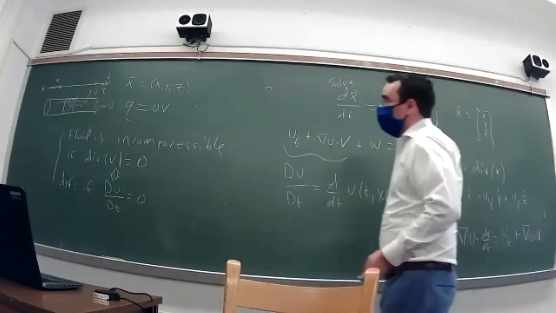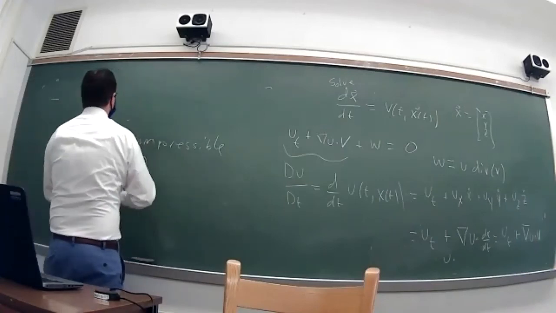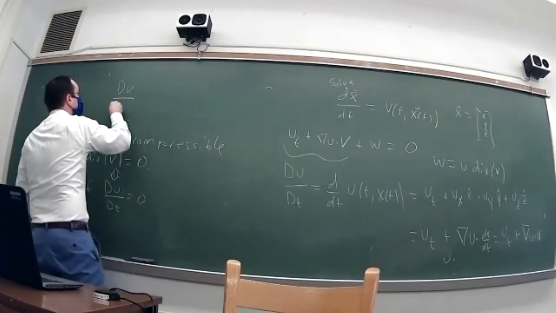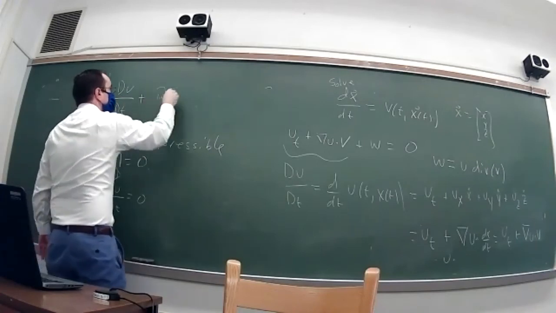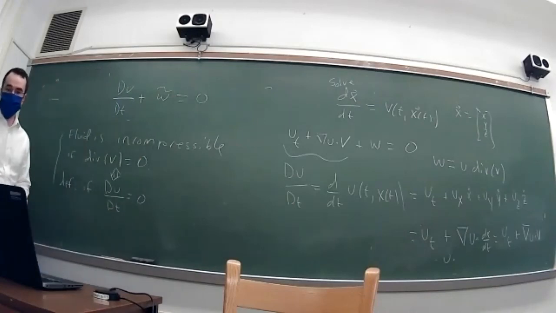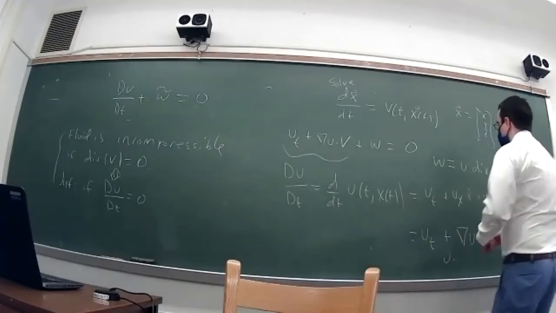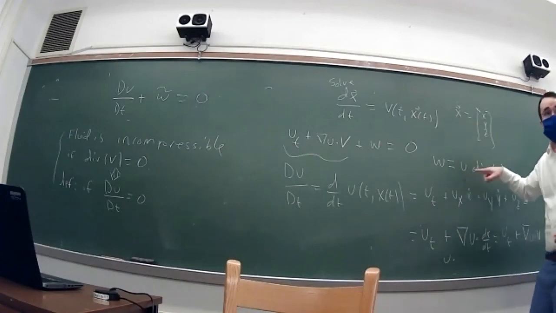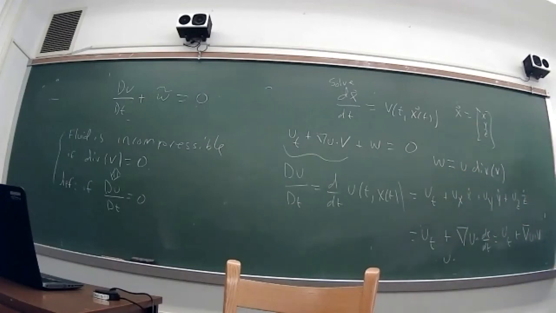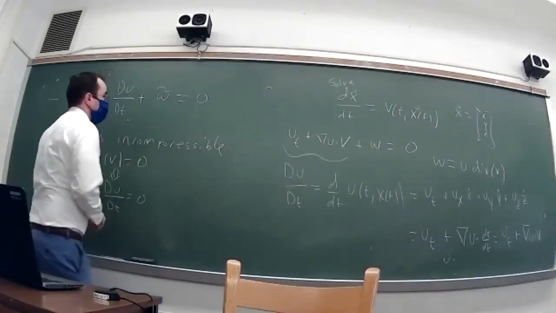Okay, so you get this equation that says du dt plus w twiddle equals 0, where w twiddle is simply w with x of t plugged in for x, with your characteristic plugged in for x. Just like last time.